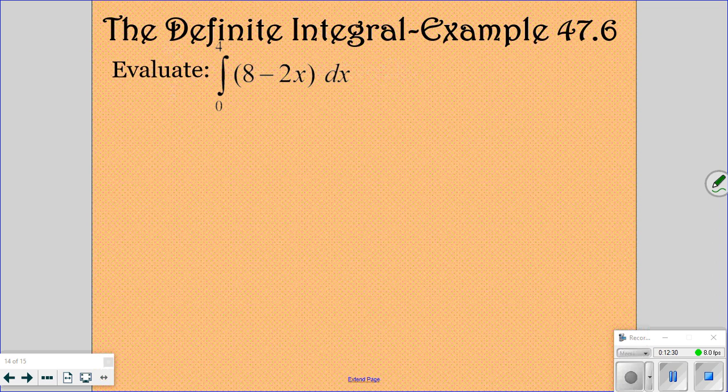Alright, so looking at this one, we want to evaluate this integral. So that means to integrate and then plug in. So if we integrate, we get 8x minus x squared from 4 to 0. And then we're going to plug in 4.